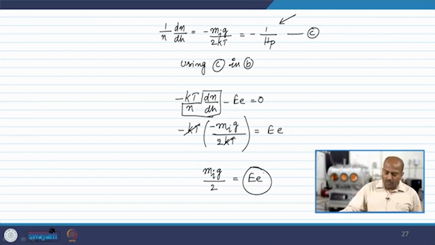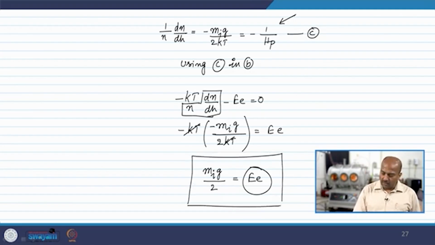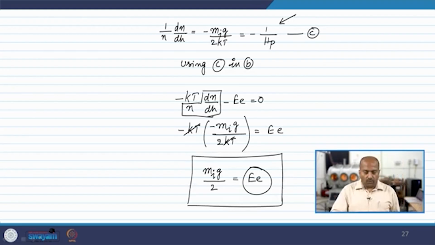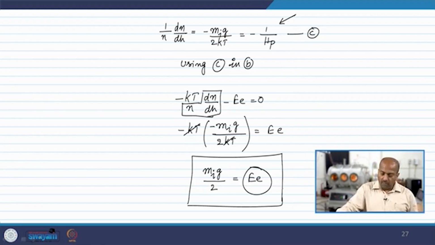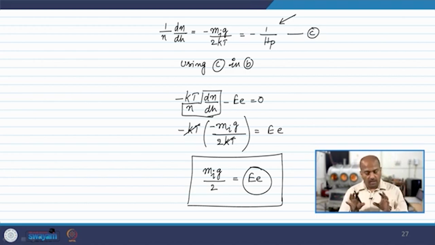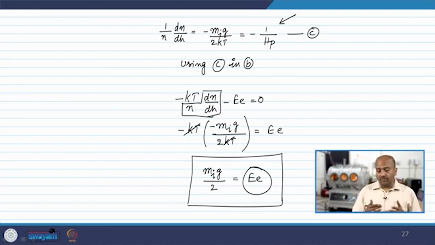Now we can see this equation and understand one very important aspect. The electric field E acts on the electron with a force which is equal to half Mig. This equation that we have picked up is for the electrons. It appears as if the force on the right-hand side is half the mass of the ion times the gravitational pull.